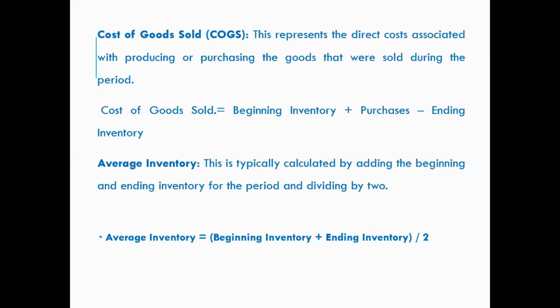Average inventory is typically calculated by adding the beginning and ending inventory for the period and dividing by 2. The average inventory formula is beginning inventory plus ending inventory divided by 2.